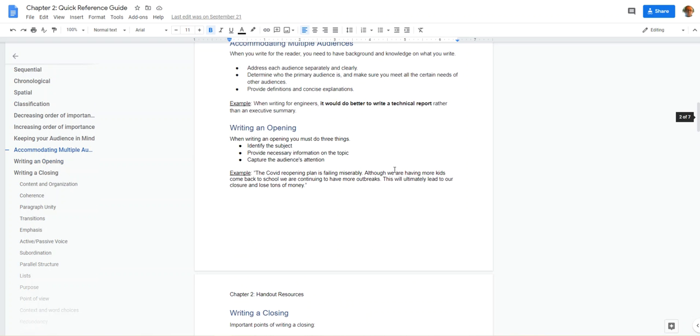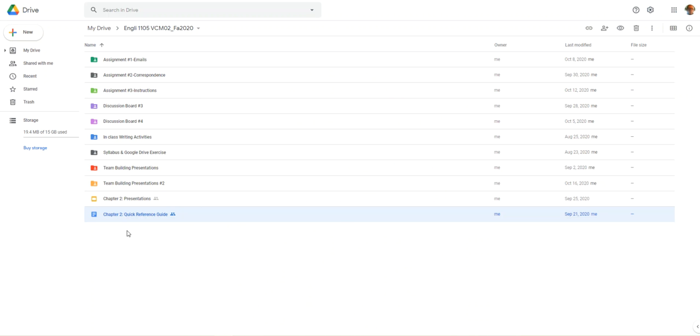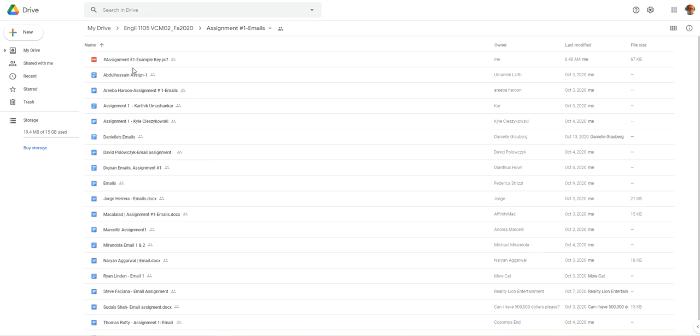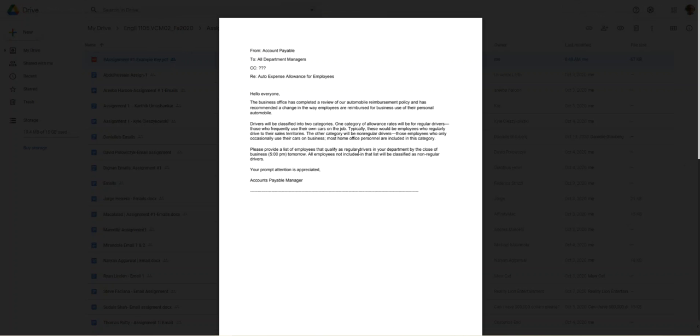Also, I want to point out the quick reference guide I put together in the Drive folder. Refresh your knowledge base on that. Also, in the email assignment tab, I have my answer key. It's in PDF format. It'll give you the idea of, once again, how we have the 3-paragraph structure: opening, body, closing.